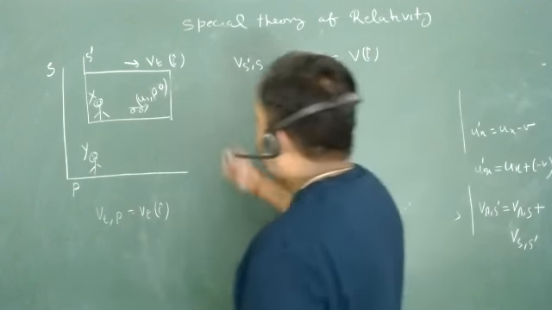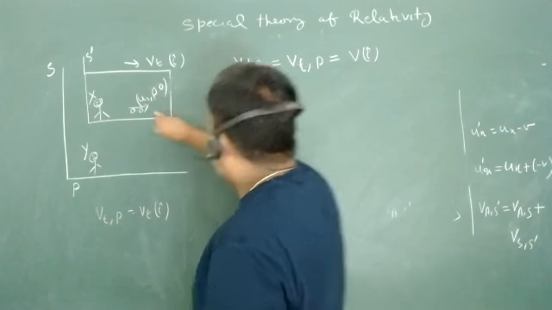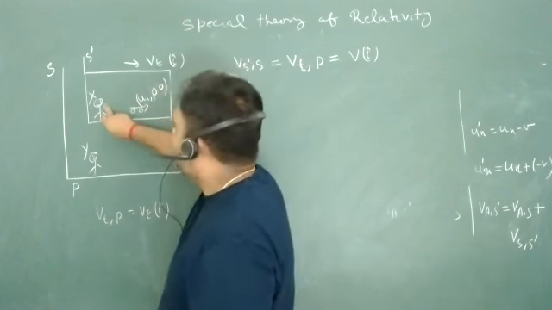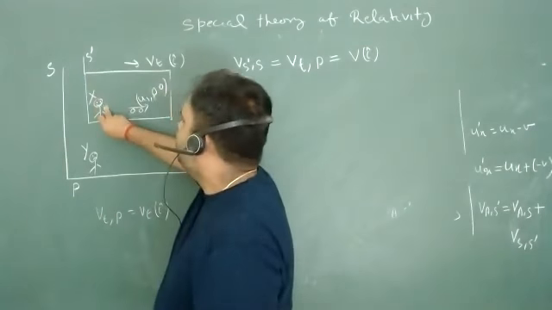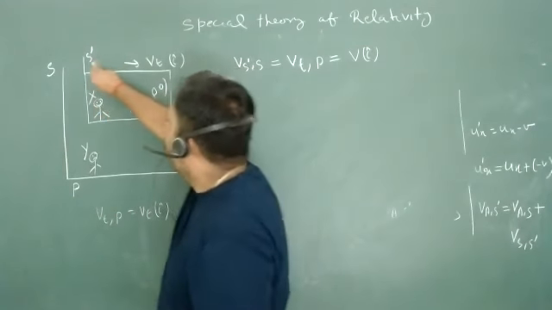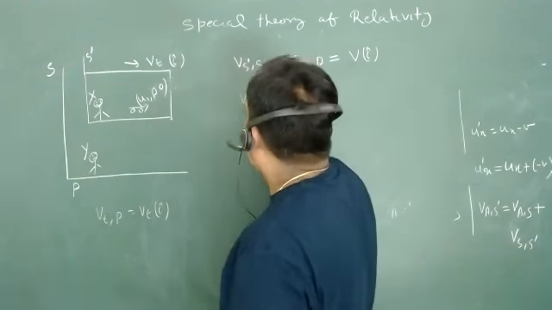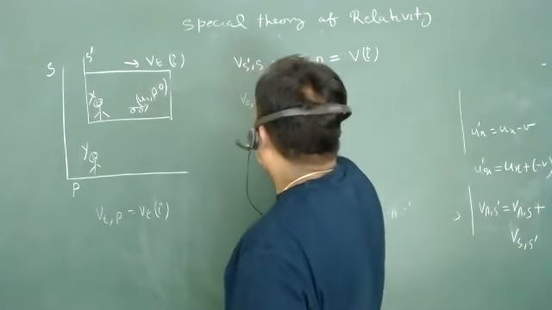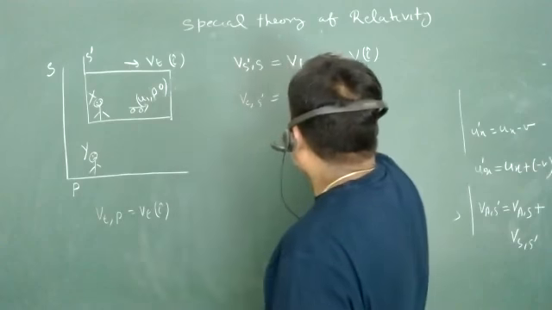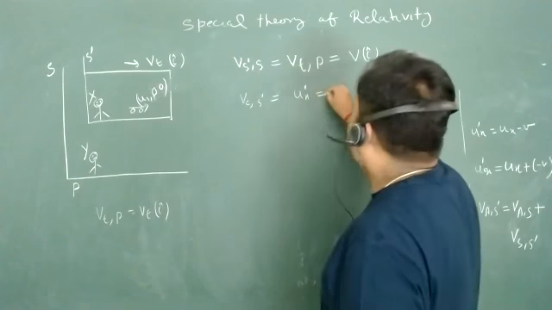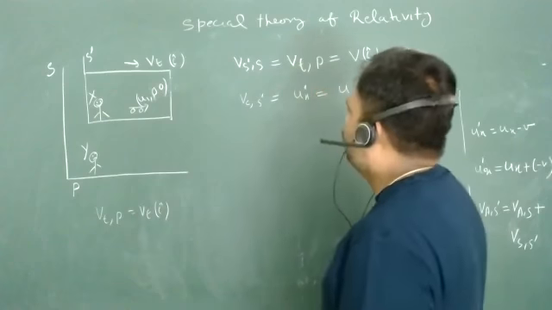Now, this toy train has a speed with respect to X, and X is at rest with respect to S dash. So the velocity of the car with respect to S dash is ux dash, because it is only moving in the x direction, and this value is u1.